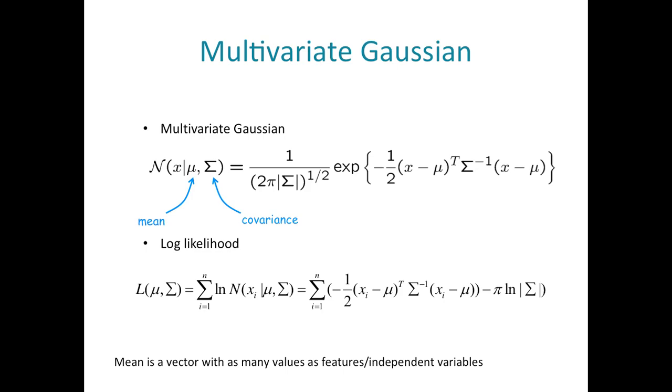And then the mean is going to be a vector with as many values as independent features. But the formula is exactly the same. The only thing that changes is the covariance. And in terms of log likelihood, as I was saying before, this is expressed as a summation, because when you log a product, it's basically the sum of its elements.